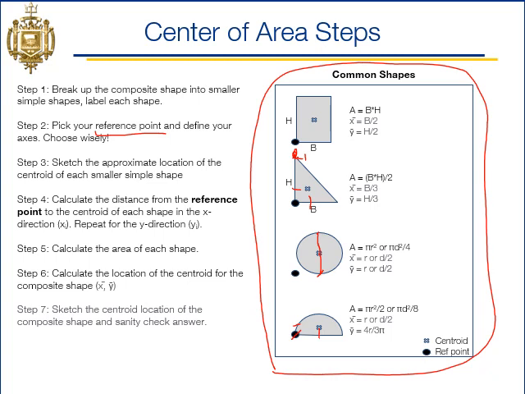Again, this chart on the right here shows you the distance to the X and Y center of area from the reference points that are listed for each shape, but your reference point for a composite shape may not necessarily be right here, like for this rectangle.